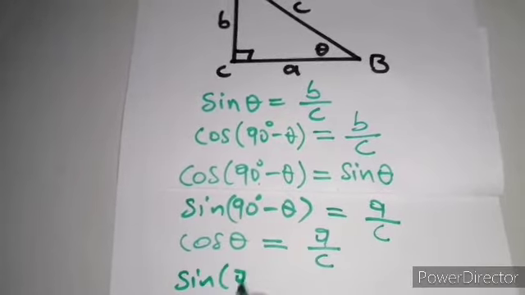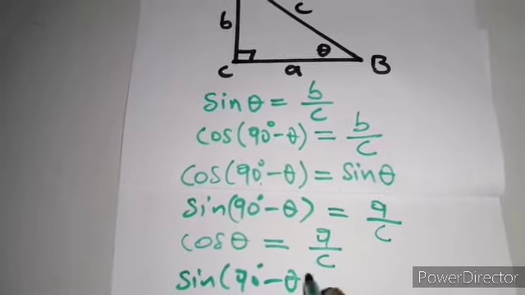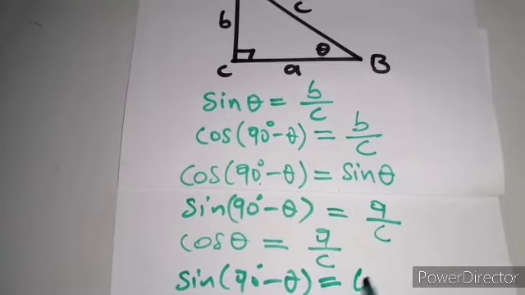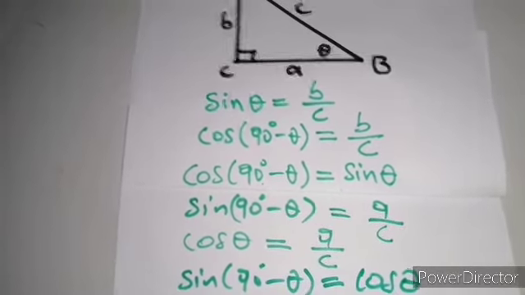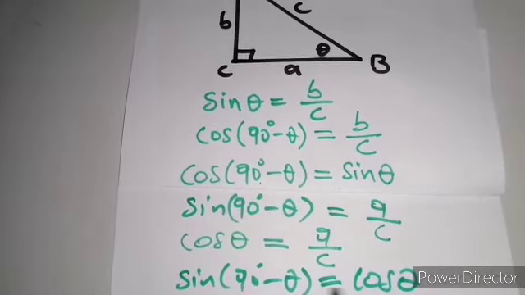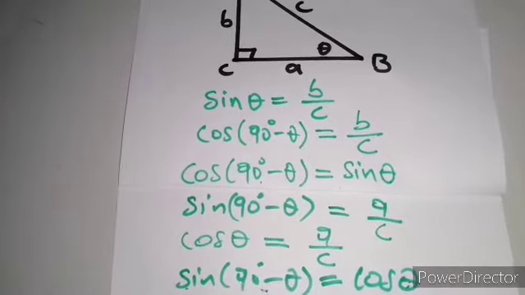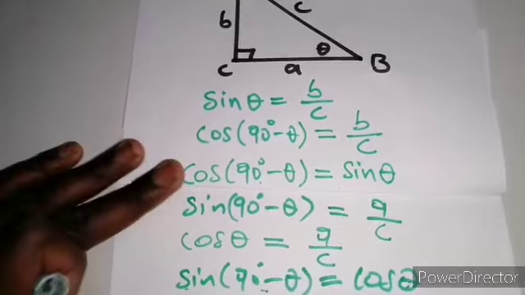Sine 90 minus theta is the same as the cos of theta. If the sum of these angles is 90, then the sine of the angle is equal to the cos of the other angle. Let's do an example again.